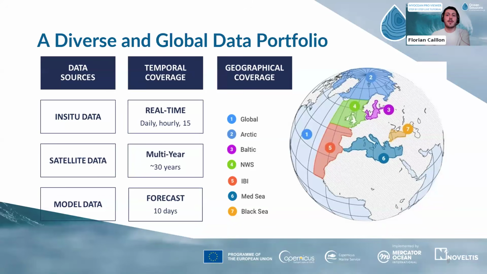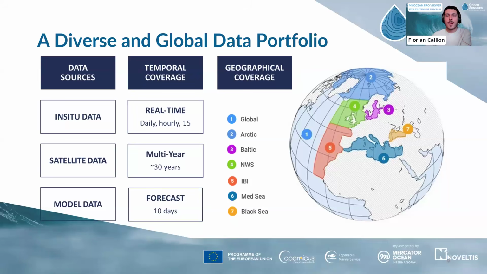To produce these data sets, the Copernicus Marine Service combines 3 complementary sources. The first one is in situ observations from buoys, floats, and research vessels, offering precise local measurements. The second is satellite observations, which provide global continuous coverage. The third is ocean models, which assimilate all observations and generate forecasts, analysis, and long reanalysis.